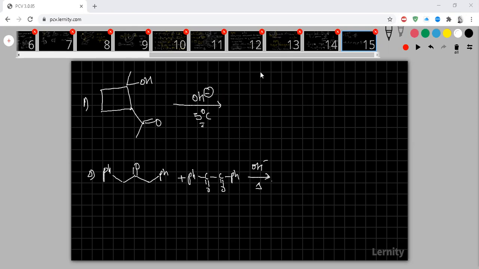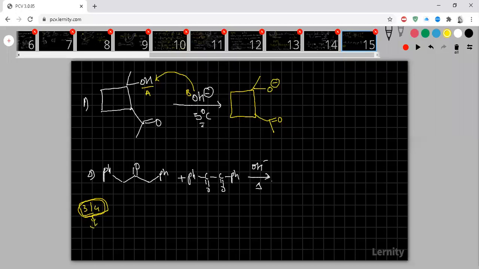So now I'm going to explain. The first thing is here we have taken OH minus as a base. So first this acid-base reaction will take place here. This is acidic in nature, this is basic in nature. In that case, I will get the short form only. Generally 3-membered and 4-membered rings are highly unstable because of the ring strain, so they will easily undergo reactions.